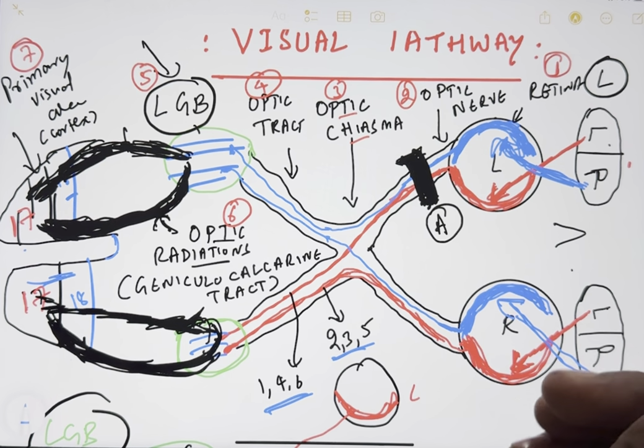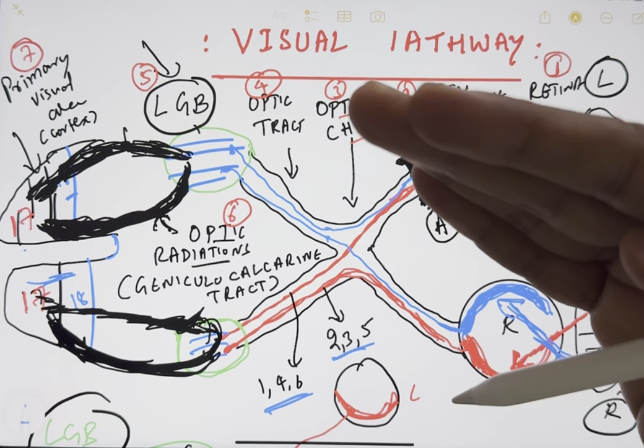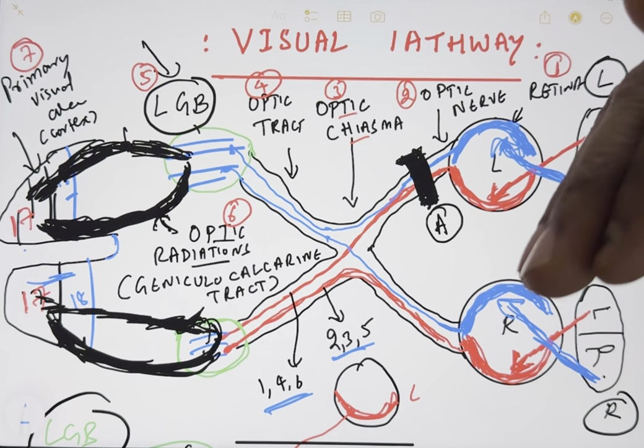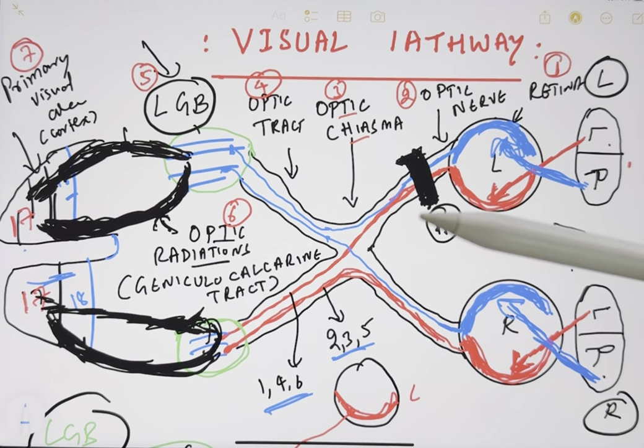The right side of the external world, the light rays go and terminate on the left part of the retina, and similarly the left part terminates on the right part. Not only that, the superior part of the visual field will terminate on the inferior part of the retina, and the inferior part will terminate on the superior part of the retina.